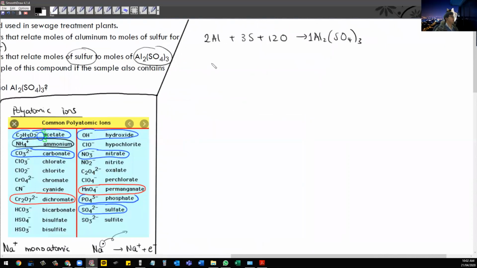Okay, can you guys find out the pair conversion factor of the sulfur and Al2(SO4)3? What's the answer?